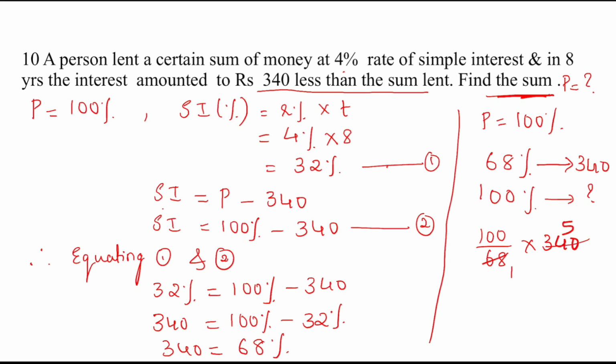So 5 into 100 is 500. So the principal amount was 500 rupees. Hope you have understood this.